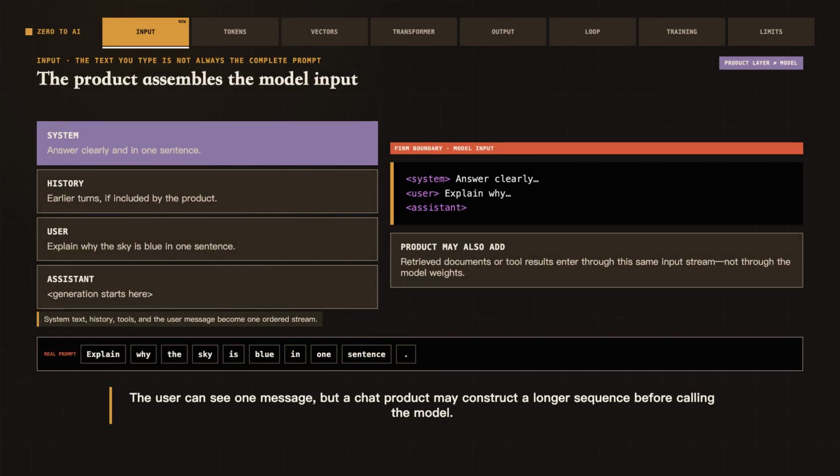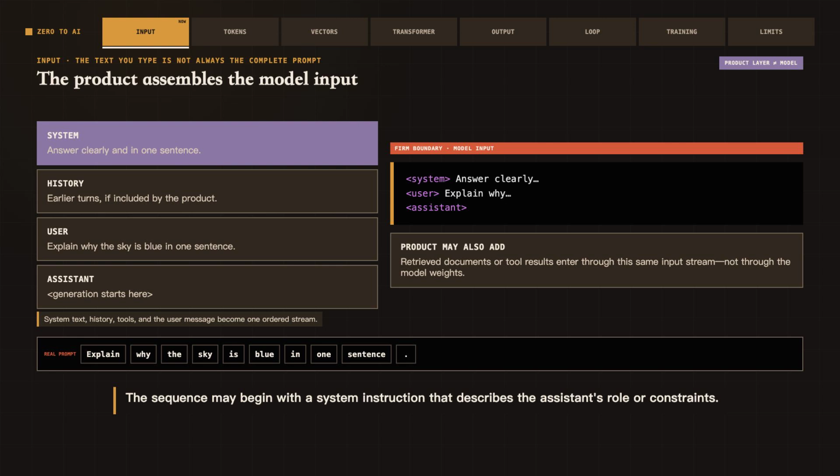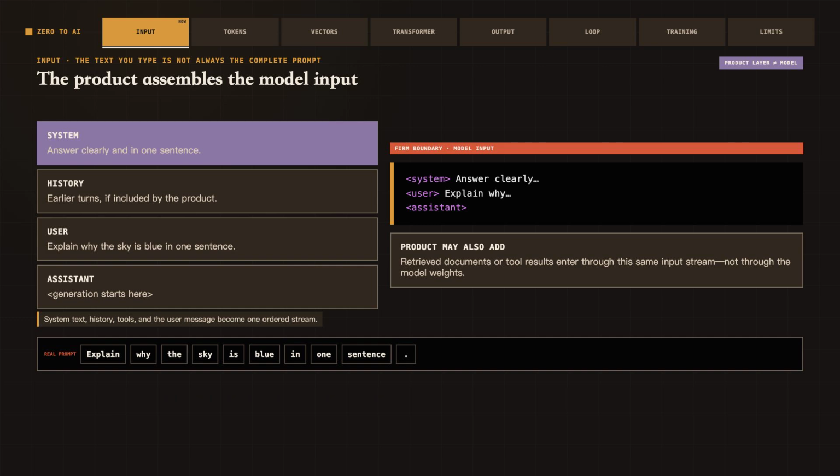The user can see one message, but a chat product may construct a longer sequence before calling the model. The sequence may begin with a system instruction that describes the assistant's role or constraints. It may include earlier messages from the conversation. It includes the current user message. It may contain special markers that separate roles, such as system, user, assistant, or tool.